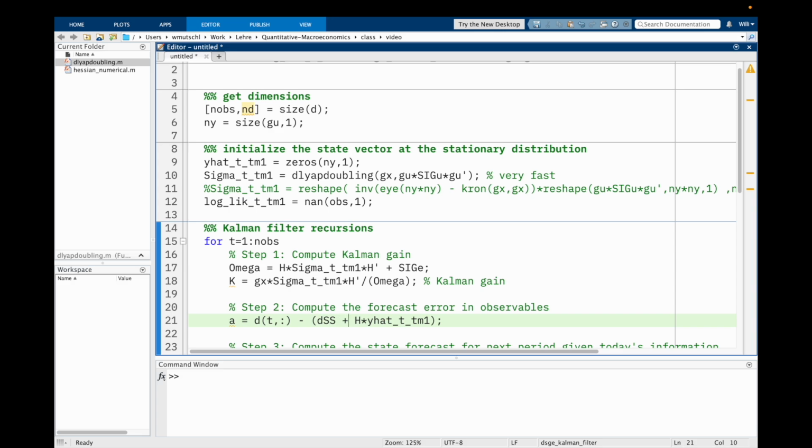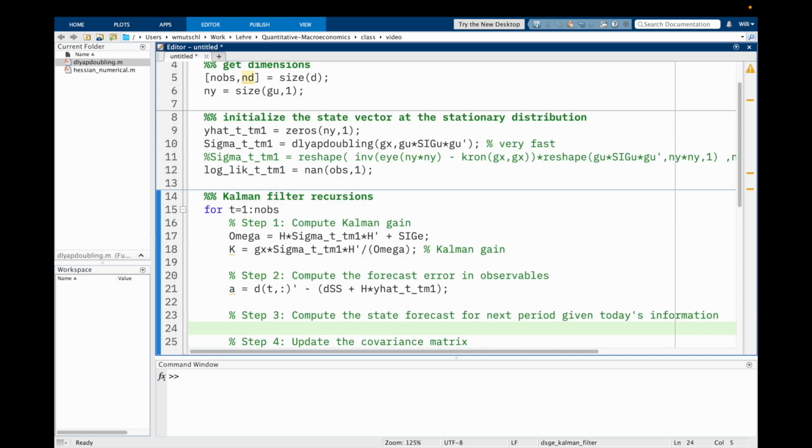Now quickly have a look at your dimensions right here. So y hat t given t minus 1 is a ny by 1 vector. Times h makes this an nd by 1 vector. But your data is, I pick out a row and then take all the columns. I need to make this a column vector, so I need to take the transpose here.